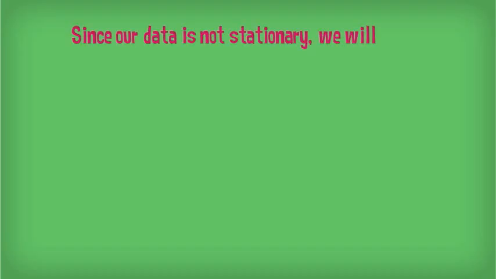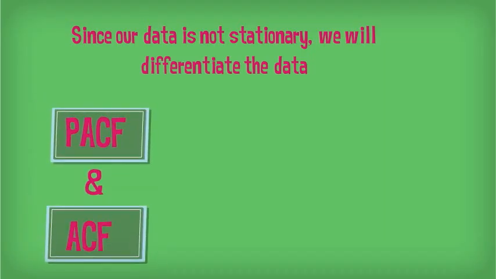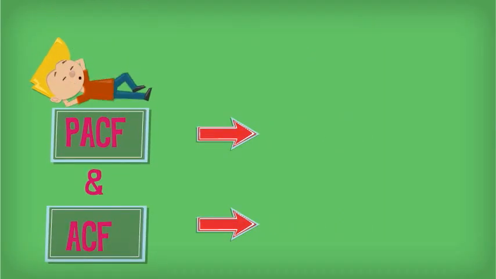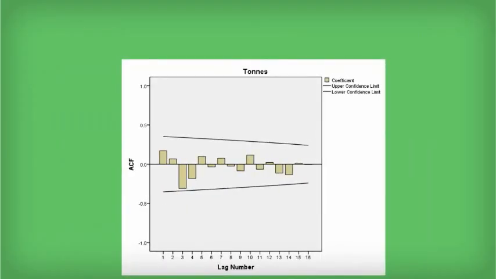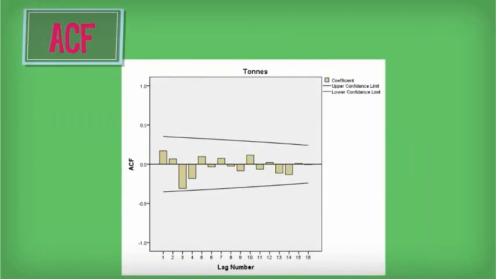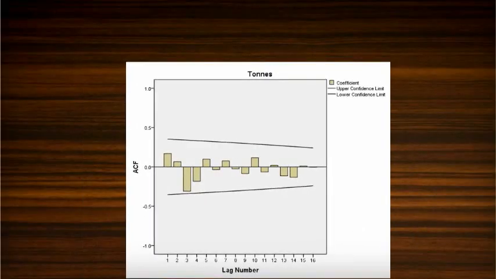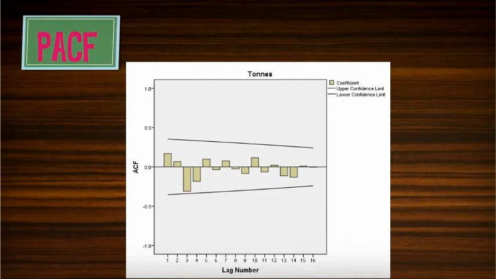Since our data is not stationary, we will difference the data. The ACF graph after first differencing and the PACF graph after first differencing.